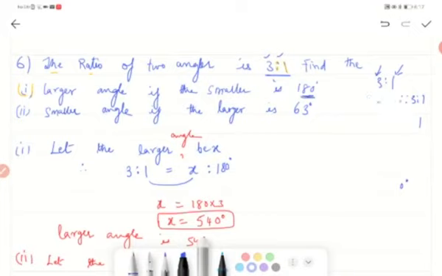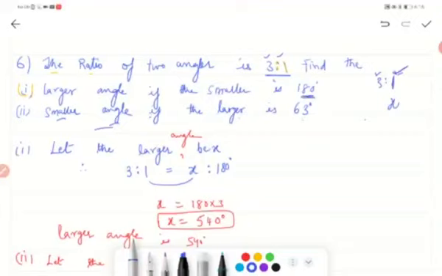It's again easy. In the second one, we need to find the smaller angle if the larger angle is 63 degrees. So let me take the smaller angle as x now, because we don't know what the smaller angle is. So my smaller angle will be x, which is the ratio of 1.